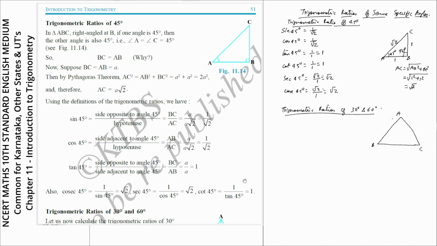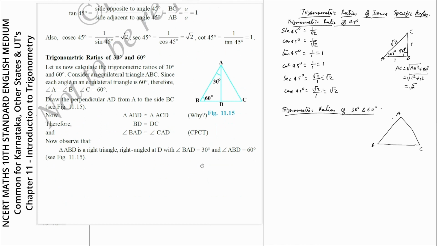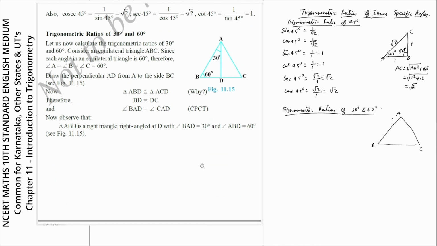The next is trigonometric ratios of 30 degree and 60 degree. For this one I will take one triangle ABC. This is an equilateral triangle. Equilateral triangle means all angles will be equal to 60 degree, right? Okay. And let the sides be 2 units each. Let AB be 2 units and AC be 2 units and BC be 2 units.